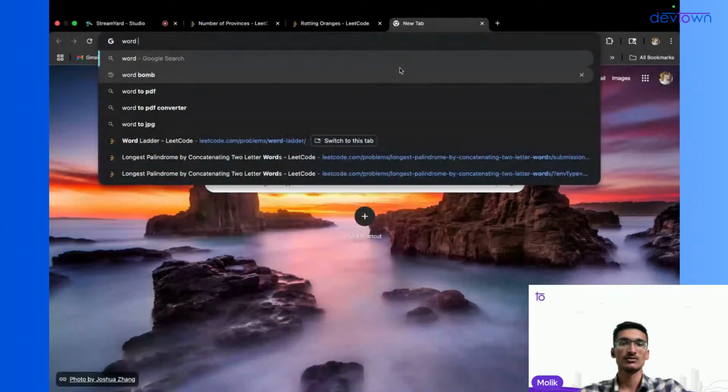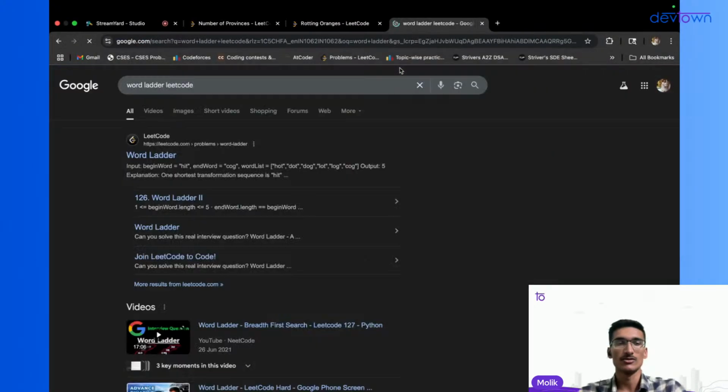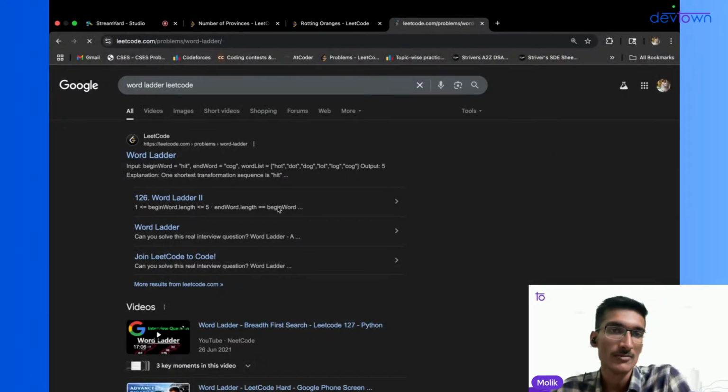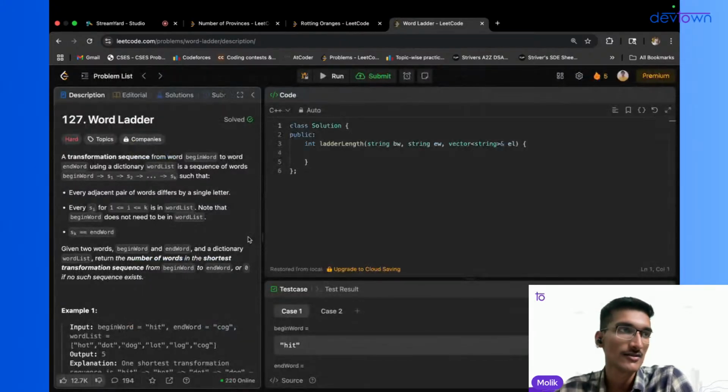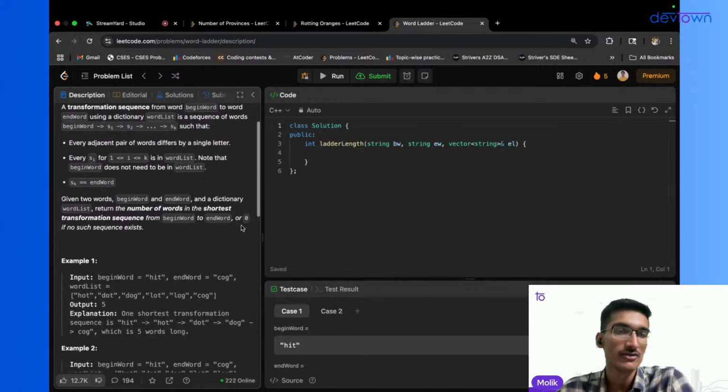Try to think about this problem before coming to the next session. A really nice problem, a hard problem, but it will be really easy if you think of it in terms of graphs.